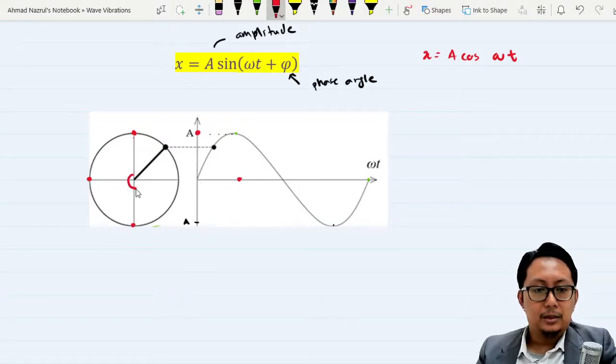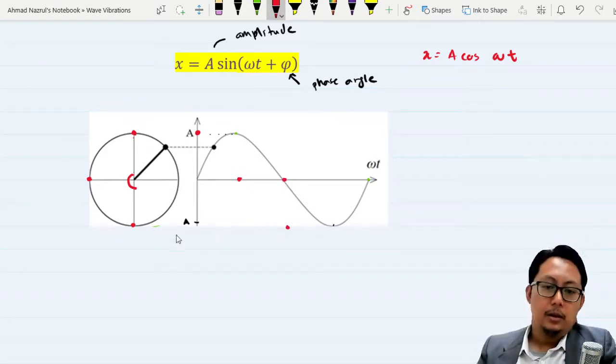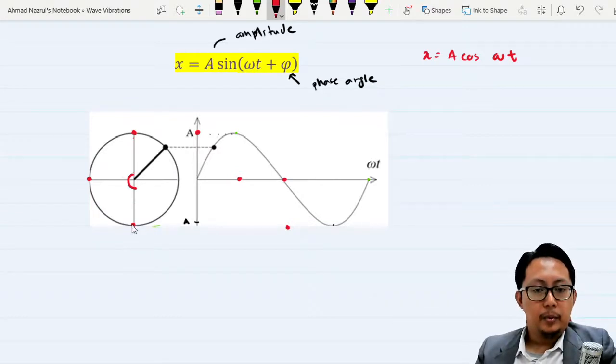180 degrees is here. So this will be the maximum and minimum point, and then move to 270 degrees, which is here, and the last one goes back to the initial location here.